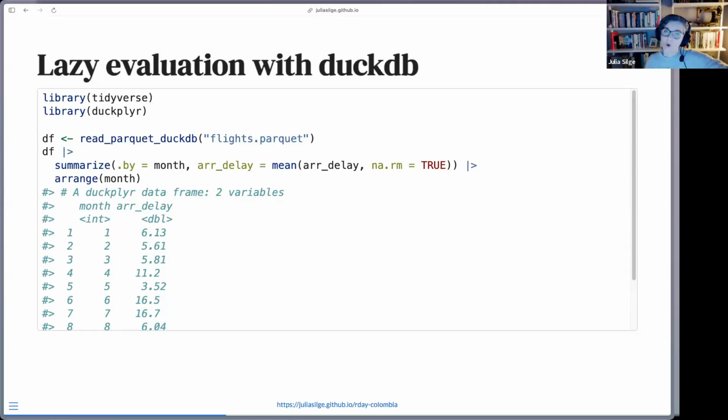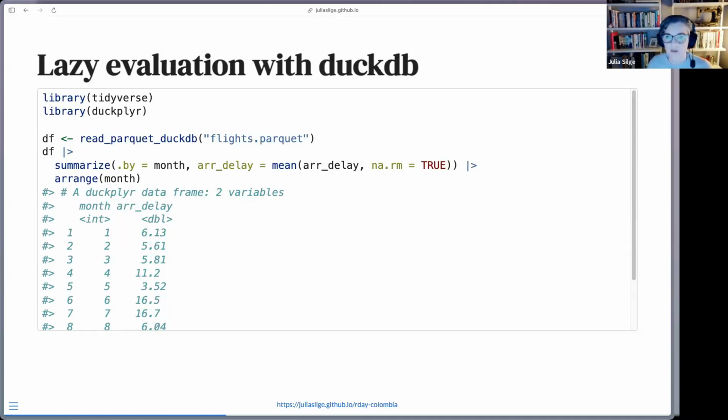It turns out, though, that what we're looking at here is actually dramatically different. Notice that it says a duckplyr data frame. That is telling me that this is not the same as a data table or a tibble or a data frame in R. This is a different kind of thing. What's different about it is that it has not yet been materialized, meaning the full data set has not yet been brought into the R session.